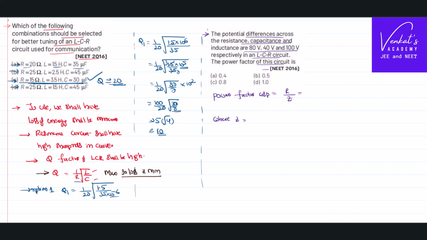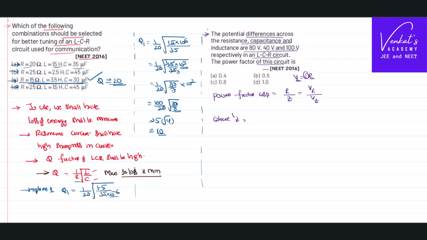So, in place of resistance I can write V equal to IR; as current is constant, R is directly proportional to V. So, I can write V across the resistor by V across the total circuit.